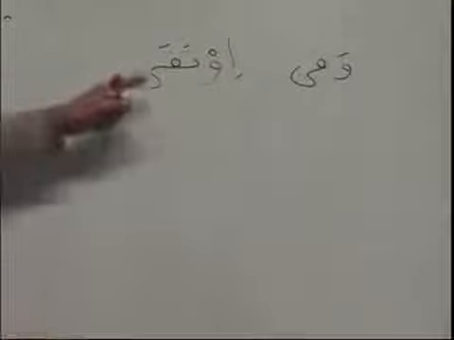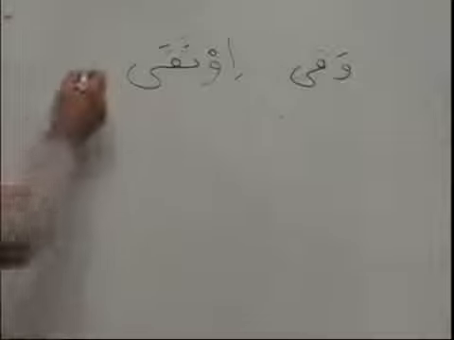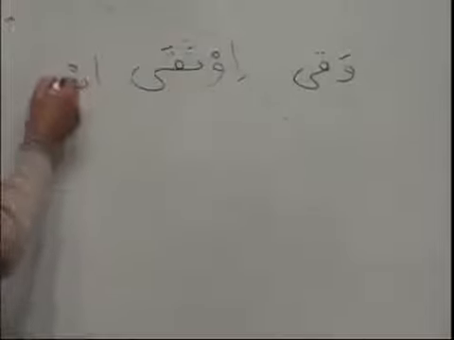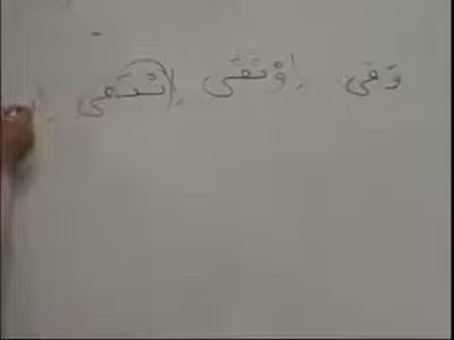Sister Maimuna, what do you do in form 8? Alif and ta. Remember? Two small rooms. Iwtaqa. Now, waw has to change into ta. So it became ta with a sukun, ta with a fatha. Now, idgham here, brothers and sisters, it became ittaqa.